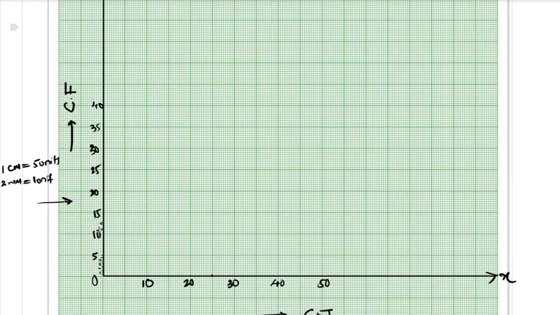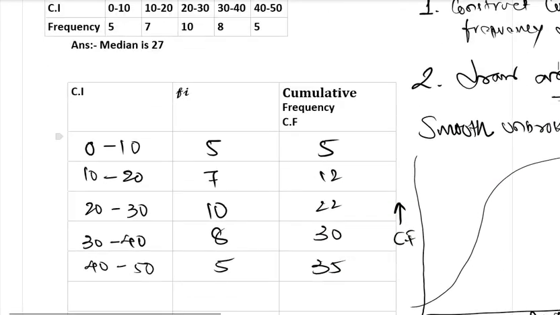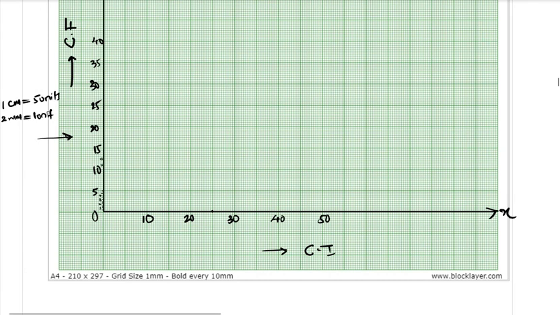So let's plot. The first upper limit is 10 and the cumulative frequency is 5. So 10, 5; 20, 12; 30, 22; 40, 30. These are the points which we have to plot. So the first point is 10, 5: 10 on the x-axis and 5 on the y-axis.